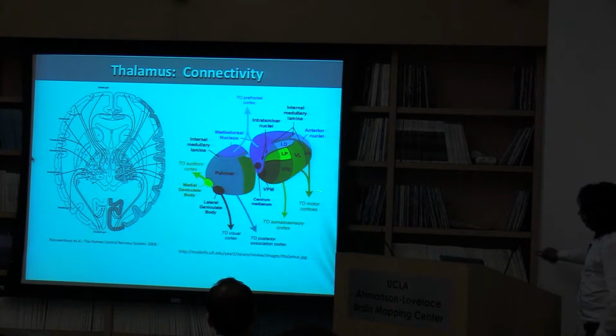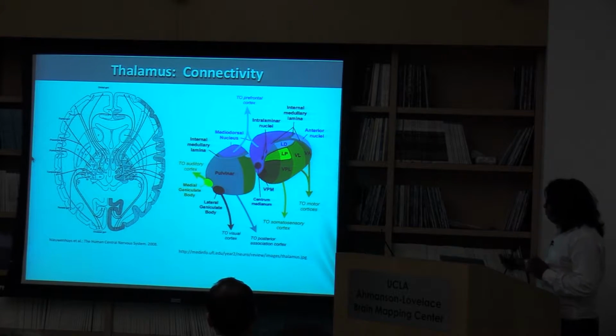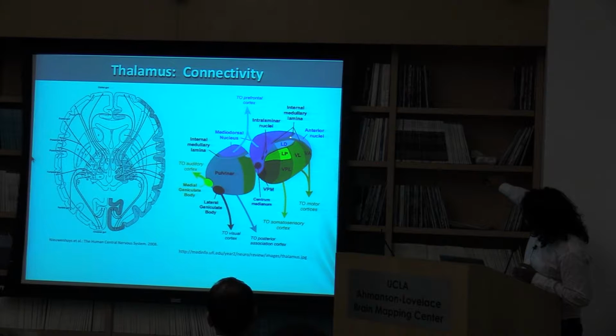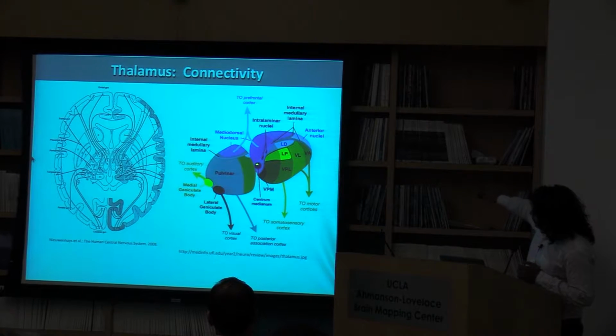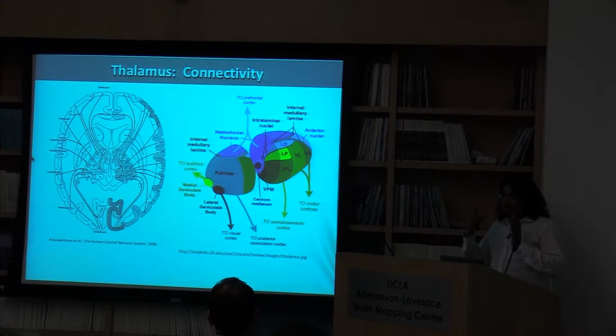For example, medial thalamus projects to sensory and motor areas, anterior to the limbic system, medial to the frontal cortices, and posterior mainly to the auditory and visual areas. And in addition, you also have a number of intralaminar nuclei which facilitate rapid communication between brainstem and the cortex.